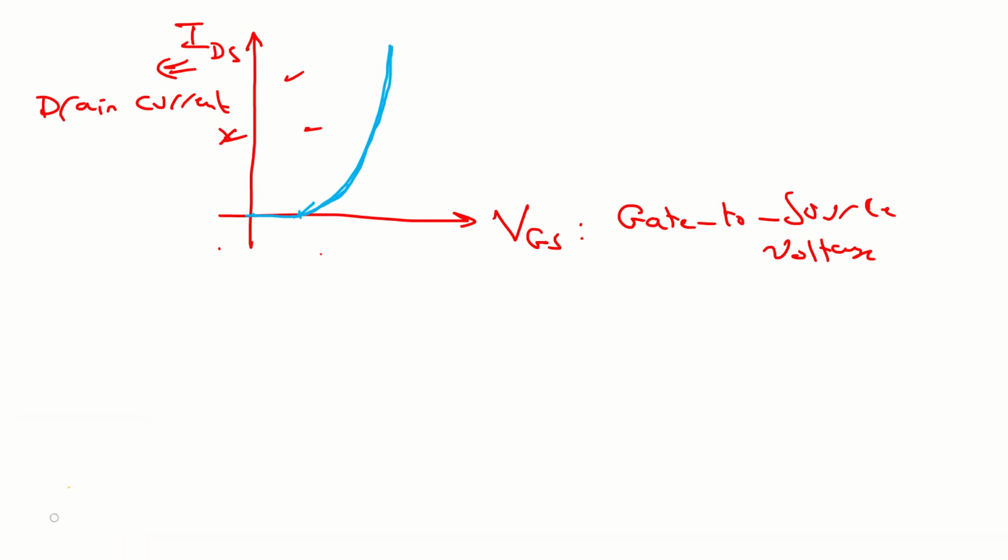The voltage that makes a current in the device, we call this voltage VTH.